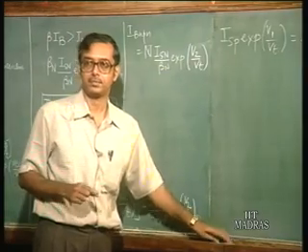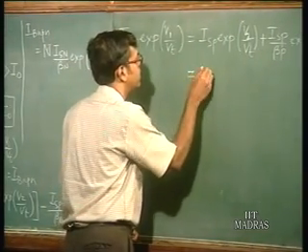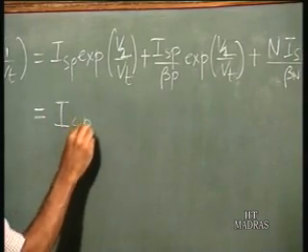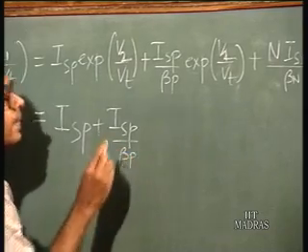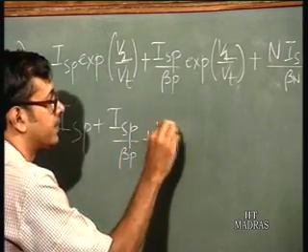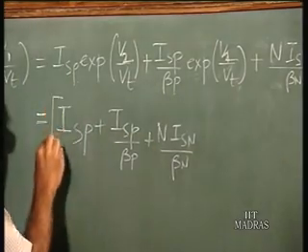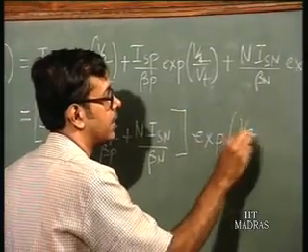Okay, is it clear now? So, this is equal to, I can write, ISP plus ISP by beta p plus NISN by beta n, exponential V2 by Vt.